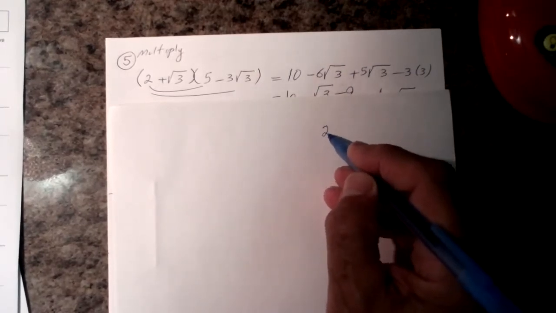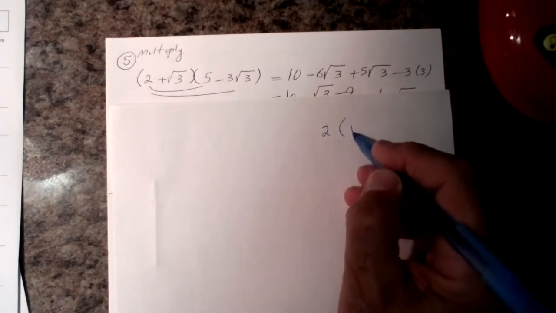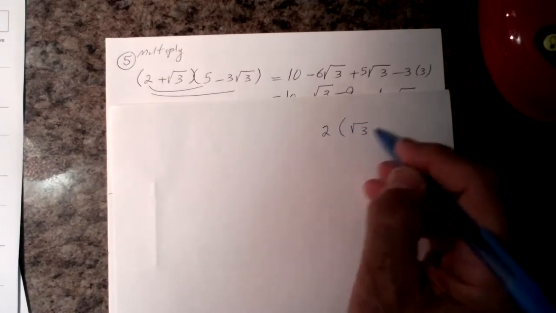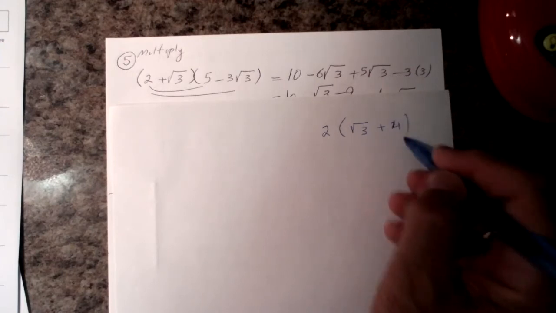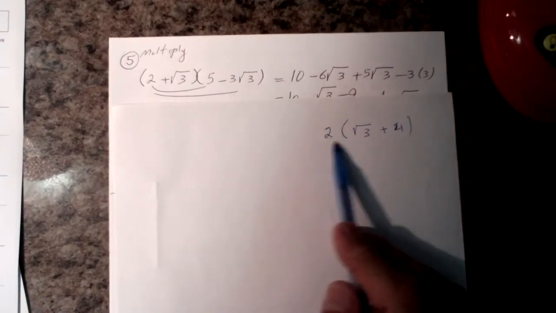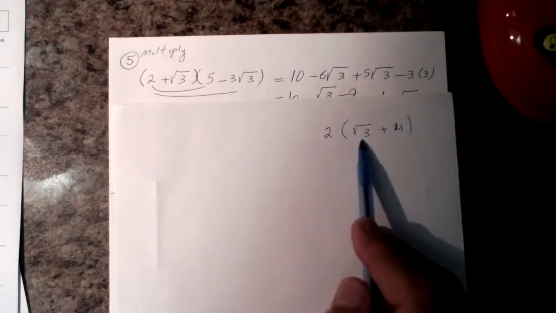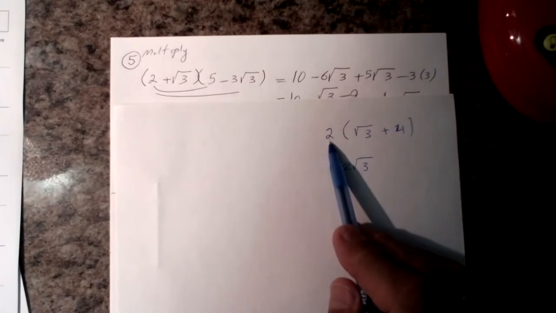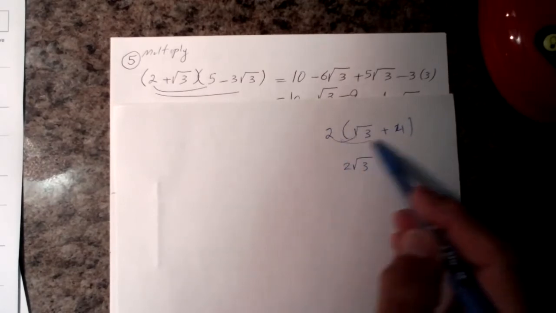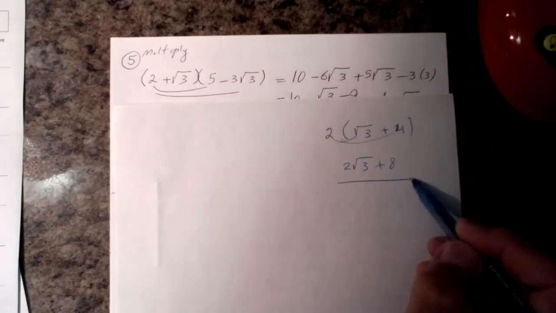When you have a number and you want to multiply that by a radical, let's say you want to distribute this number into the parentheses. 2 times radical 3 is just 2 radical 3. And then 2 times 4 is plus 8.